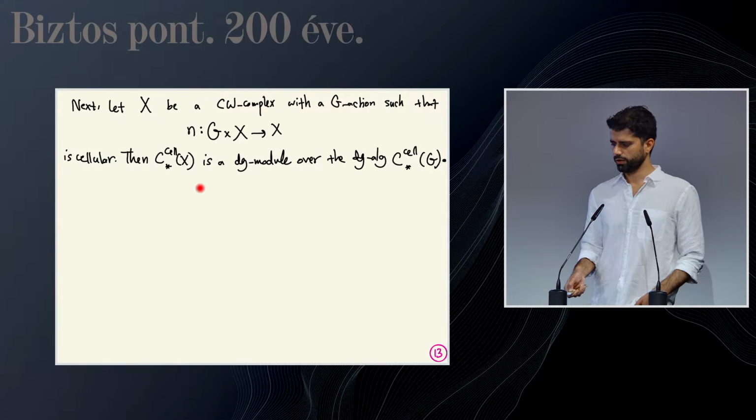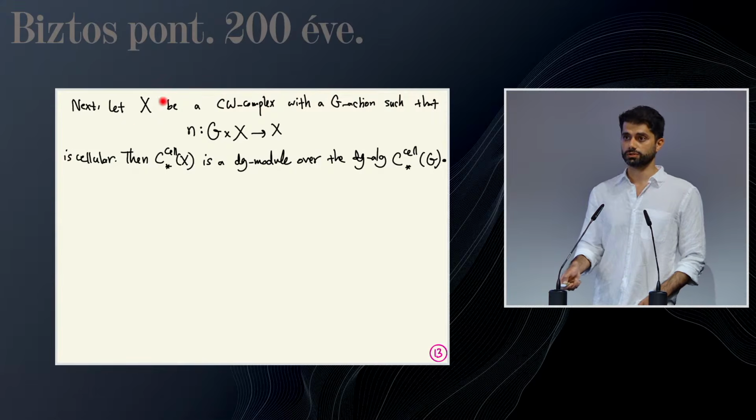So now if you have a topological space with a CW complex structure and with an action of G, because it has a G action, you have this action map. And if you assume that this is cellular, then we would get a DG module structure.